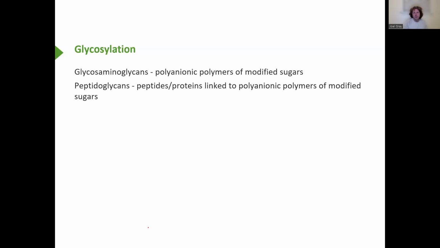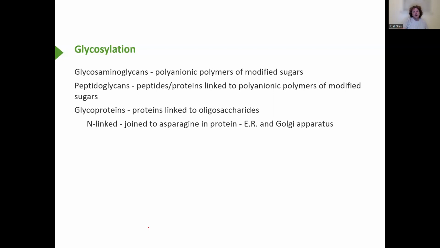Peptidoglycans are peptides or proteins linked to polyanionic polymers of modified sugars. Glycoproteins are proteins linked to oligosaccharides. And all of these things we will talk about again when we talk about protein structure.